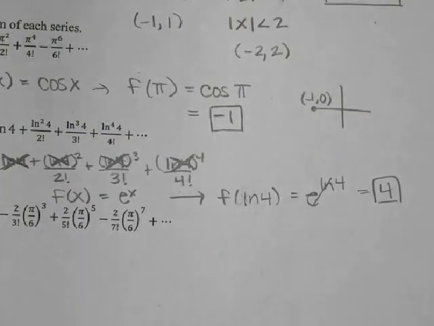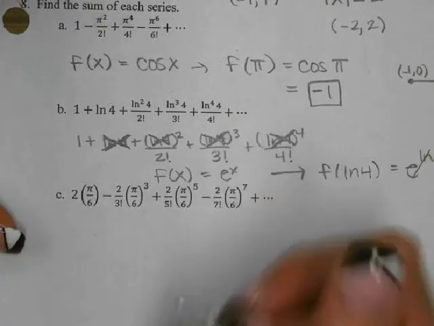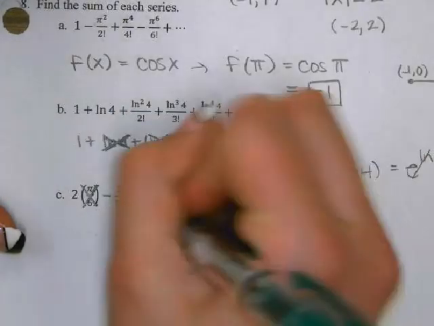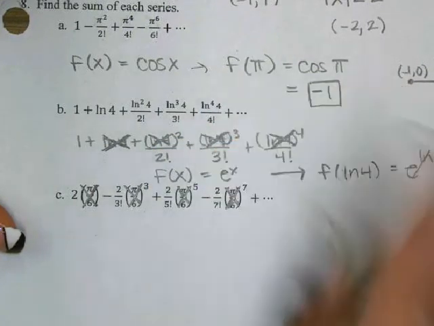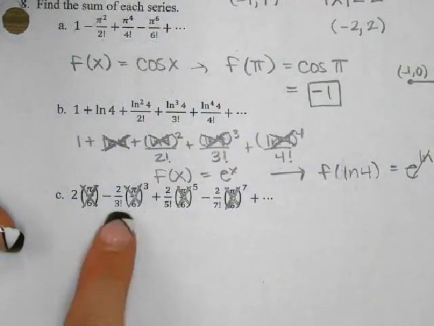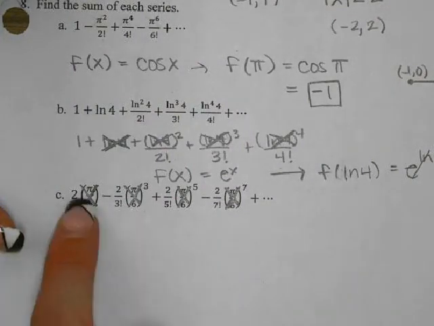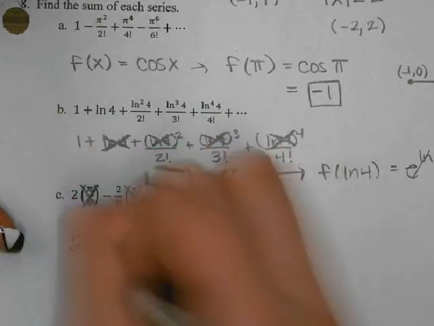All right. Let's go ahead and do the last one. So here, I can see an x there. If you guys notice, the 3 factorial, 5 factorial, 7 factorial, those all make sense. There's a 2 in the front. I'm going to go ahead and take that 2 out and write what we have.